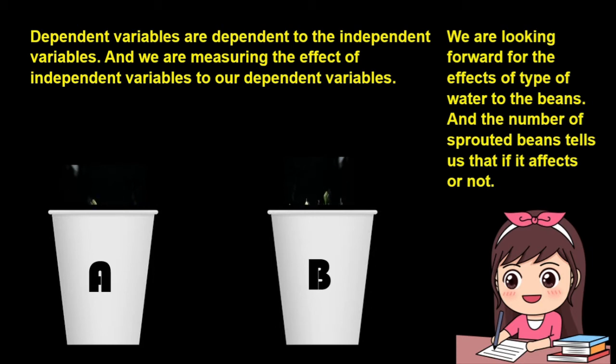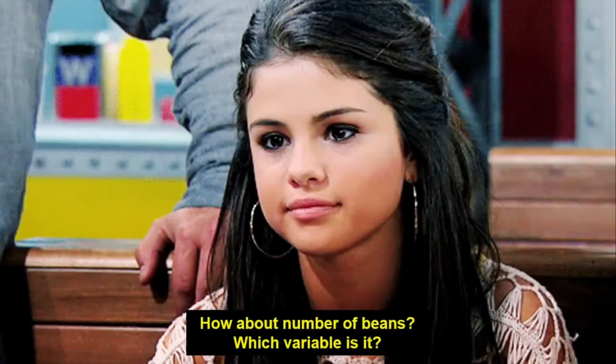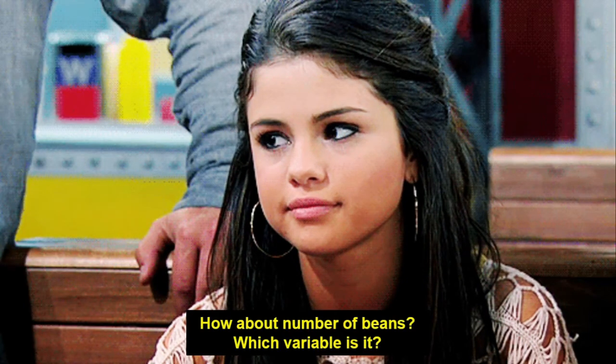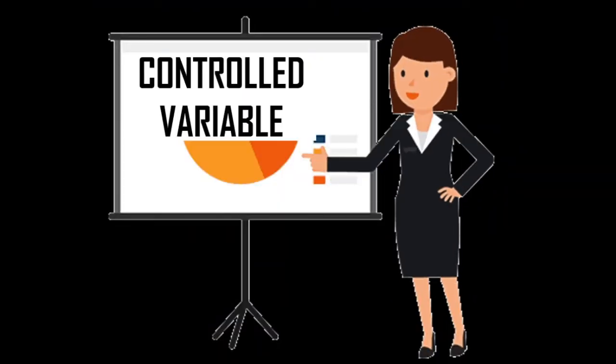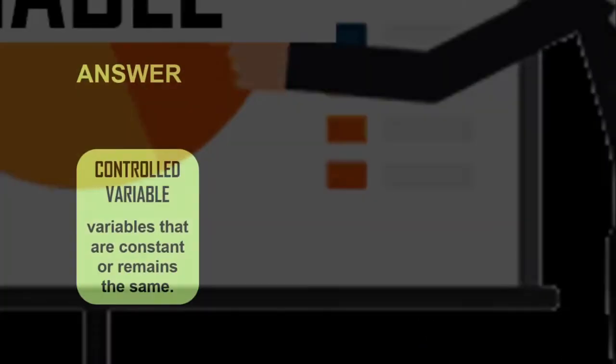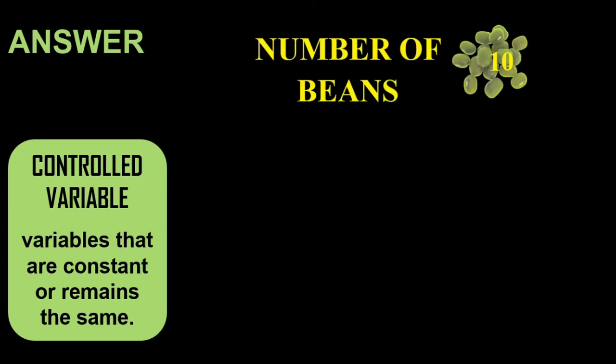How about number of beans? Which variable is it? It belongs to the last variable, controlled variable. Controlled variables are variables that are constant and remain the same throughout the experiment. Now, number of beans is only part of the controlled variables. Which variables are considered controlled? The following are the controlled variables in this experiment. 1.